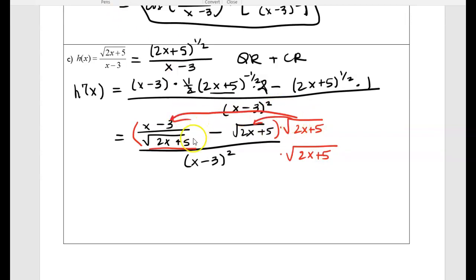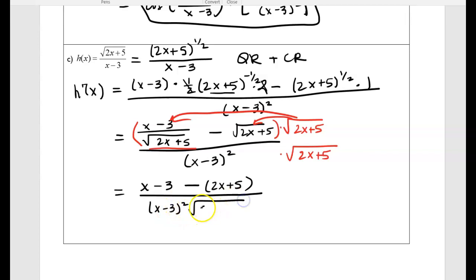When I distribute it to the first term, the denominator cancels out with that square root of 2x plus 5. That's why we did this. So we have x minus 3 minus, when I multiply square root of 2x plus 5 times square root of 2x plus 5, that is just 2x plus 5, but I do have to put parentheses here, all over x minus 3 squared times square root of 2x plus 5.